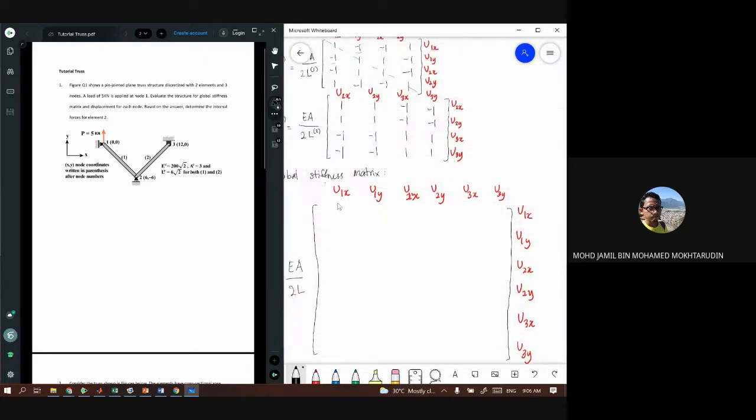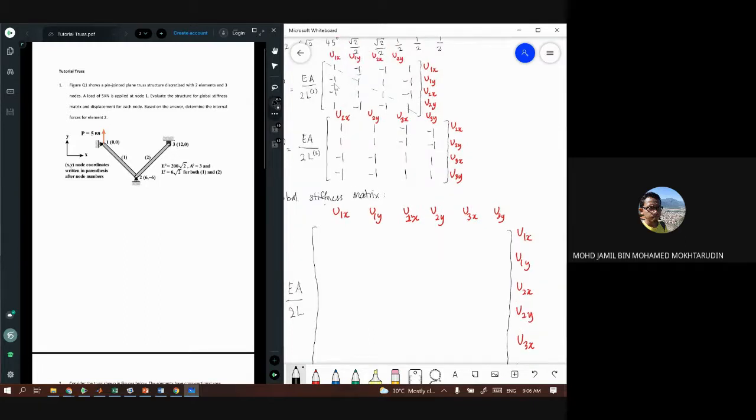So you want X, you want Y, and you want X, you want Y. These 4 values here are the same as these 4 values: 1, minus 1, minus 1, and 1. And this U2X, U2Y, and U1X, U1Y is these 4 values here. And so on, okay?